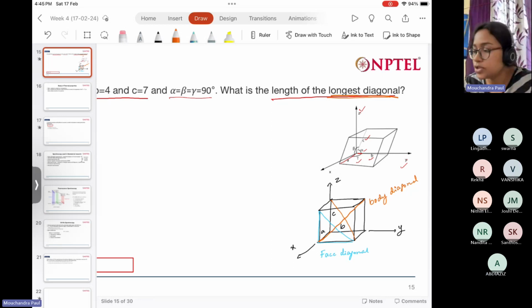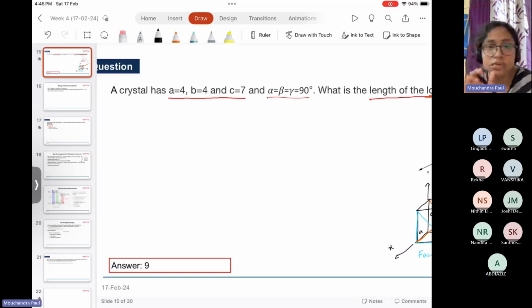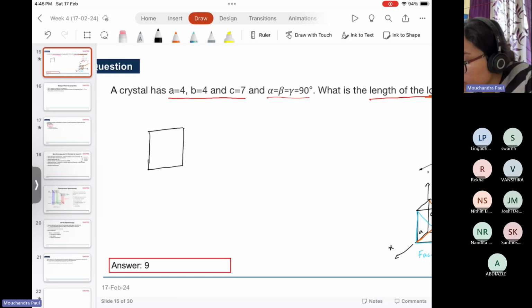Now we will come to the question part. There is a unit cell which is having dimensions. Again, the 90-degree is there, so alpha, beta, gamma are all 90-degree. That is why I'll draw it like this, not in an inclined way. Now this is B, this is A. They are equal, right?